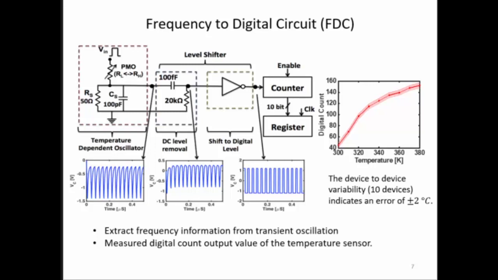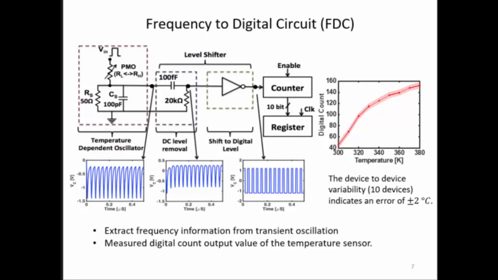So it filters out those components, and we sample it for some clock period, and we get the digital count output here. This is what I have shown here. Starting from the oscillations, we reach the digital count, and as the oscillation frequency increases, the total count output in a particular fixed period of time also increases.